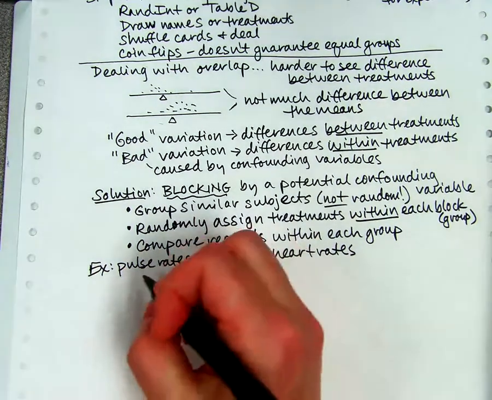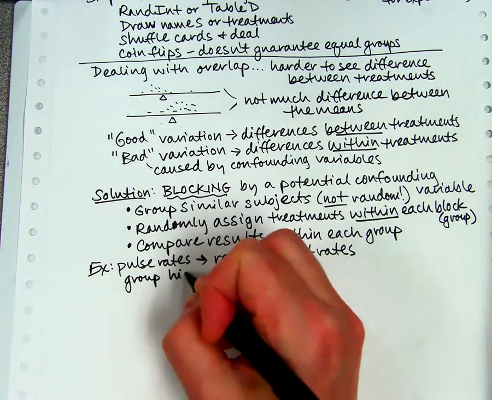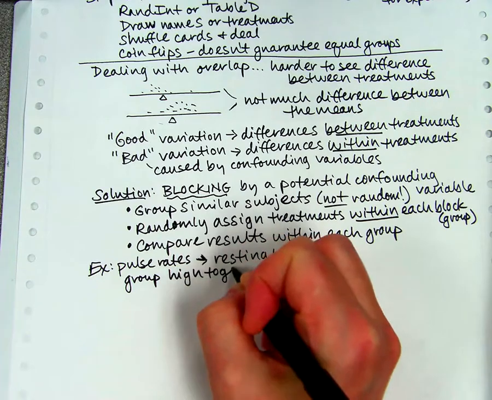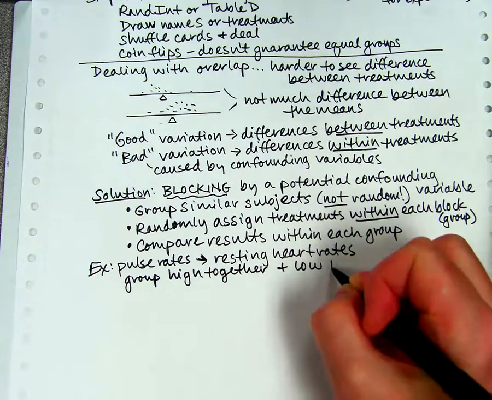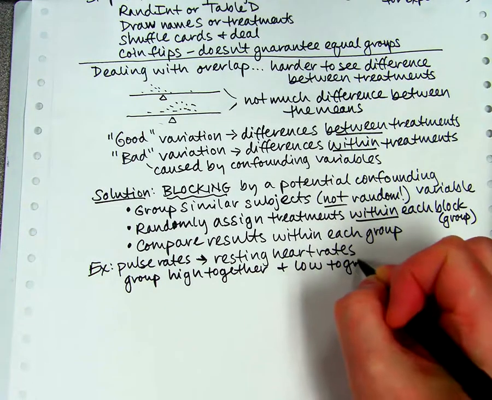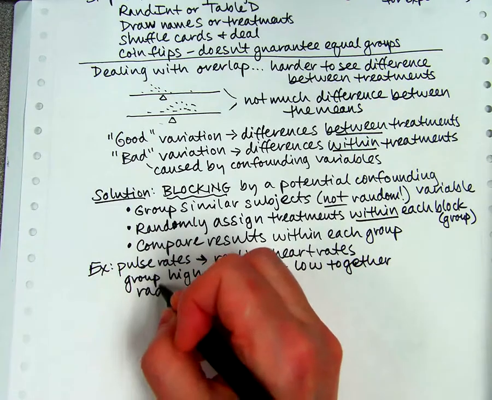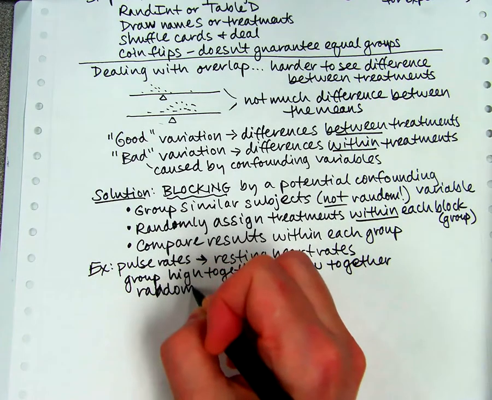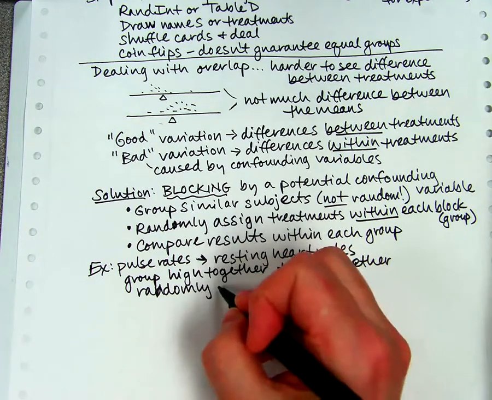And then we group the higher ones in one group and the lower ones in one group. Or maybe we do more groups than that. Maybe we have a medium group. And then we randomly assign sitting or standing within each group, and we do the whole experiment. It's kind of like duplicating the experiment with two different groups of people.